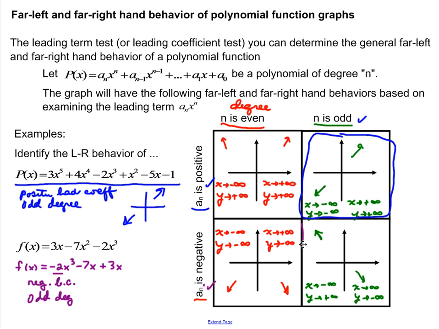That's like this bottom behavior right here. So we would conclude that as x tends towards negative infinity, y tends towards positive infinity, and as x tends towards positive infinity, y tends towards negative infinity.